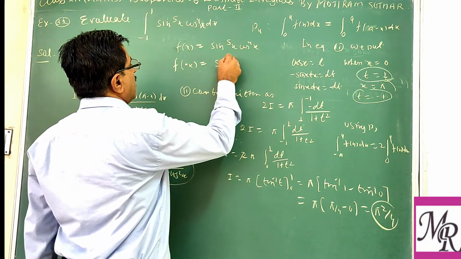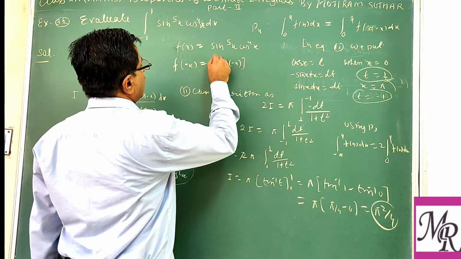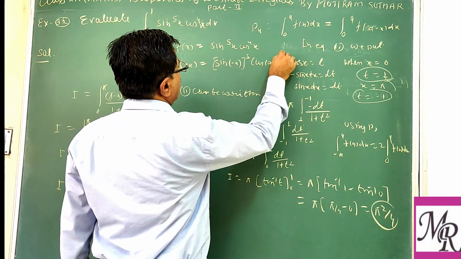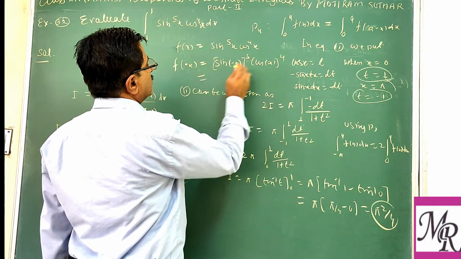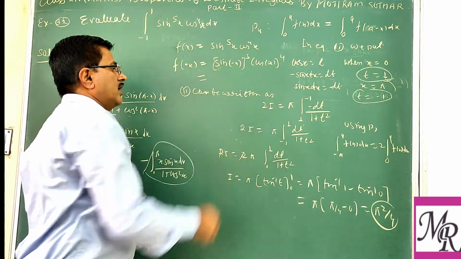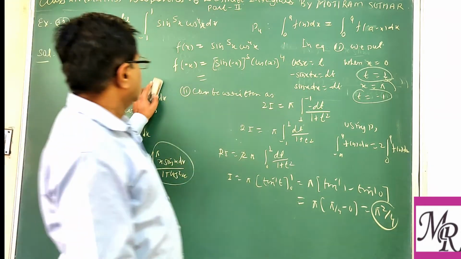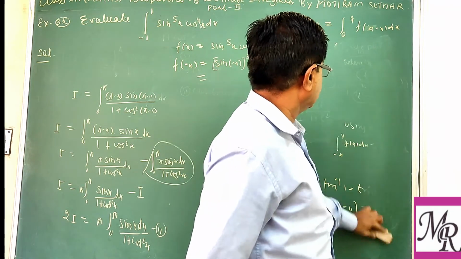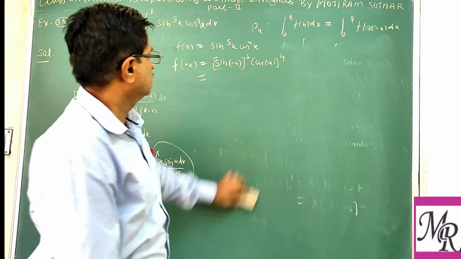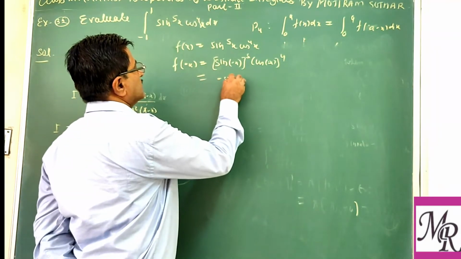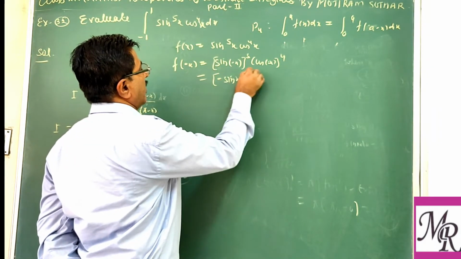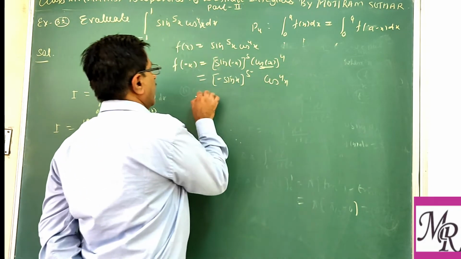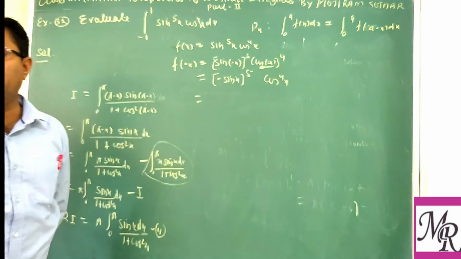So this is sin of -x whole power 5 and cos of -x whole power 4. Sin of -x will be minus sin x, so this is minus sin x whole power 5, and cos of -x is cos x. And minus 1 to the power 5 gives again minus.